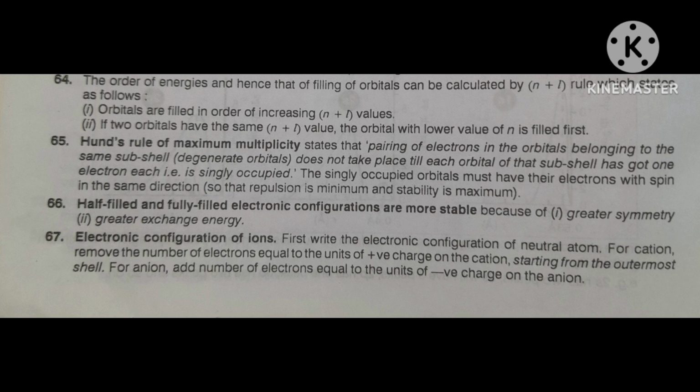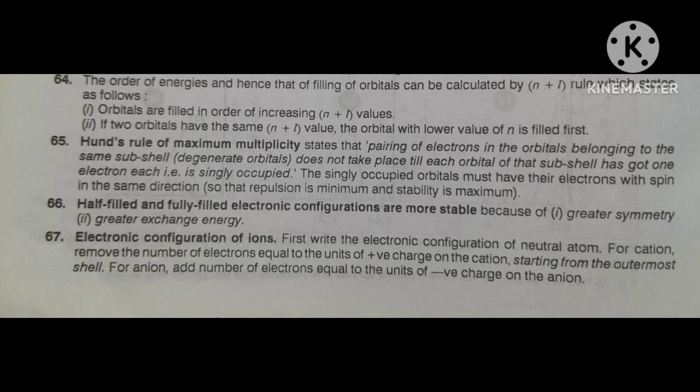Like that way, anion means if it has one negative charge, it has taken one electron. Correct? If two negative, then it has taken two electrons. If three negative, then it has taken three electrons. Then when you are writing the electronic configuration of ions, for the cation, from the atomic number of the atom you decrease the electrons.